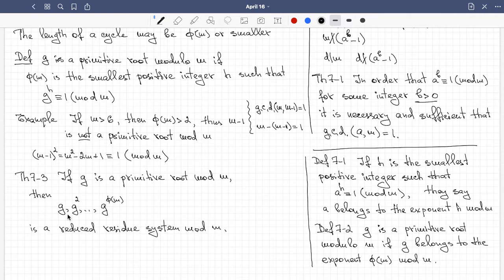That is a different presentation of the reduced residue system, not just a bunch of residue classes.